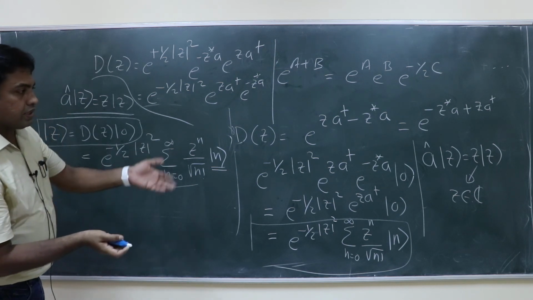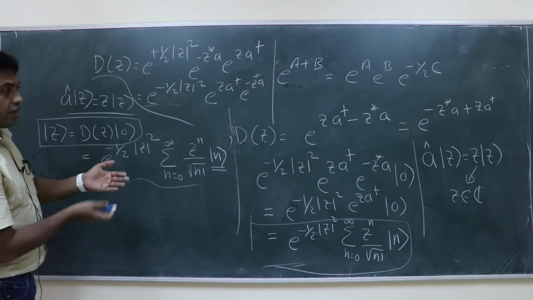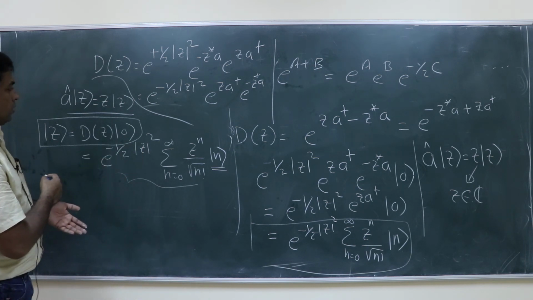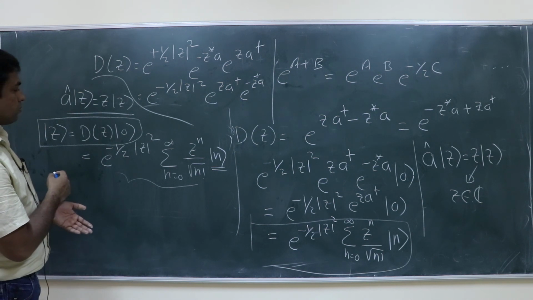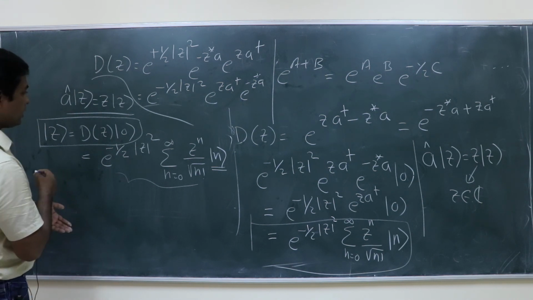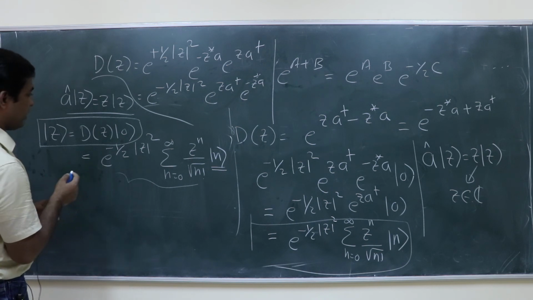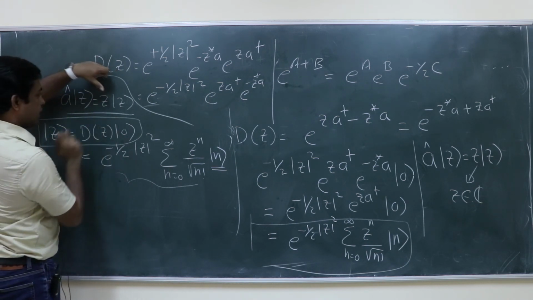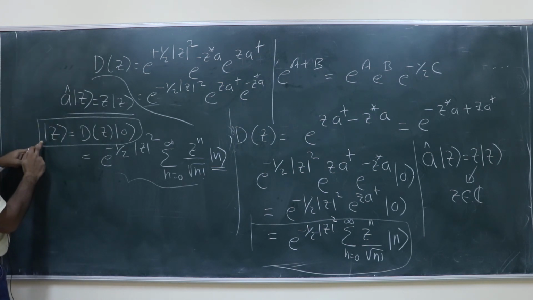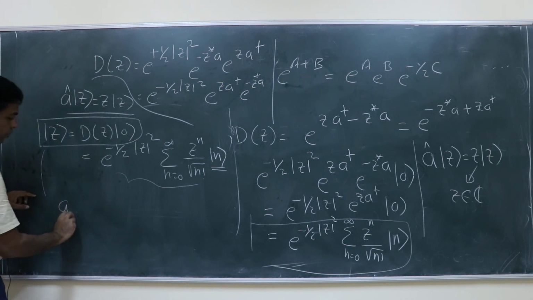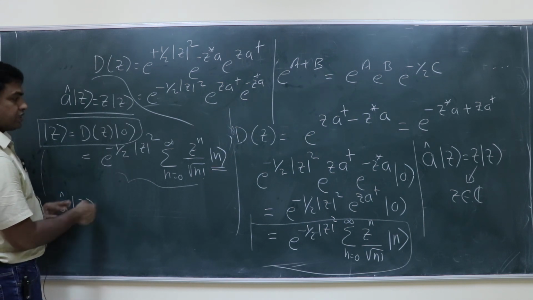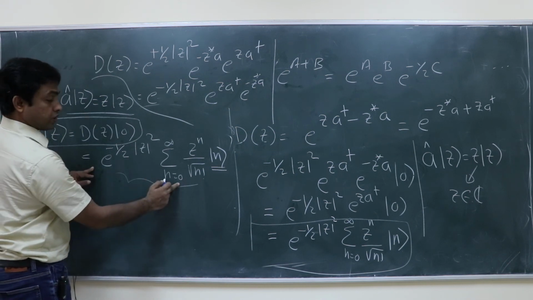Another way is that it is a minimum uncertainty state, which I may show after we do the probability theory. Another thing you can verify is, because we said that A acting on ket z is equal to z ket z, you act A on both sides and see whether you get z ket z from this expression.